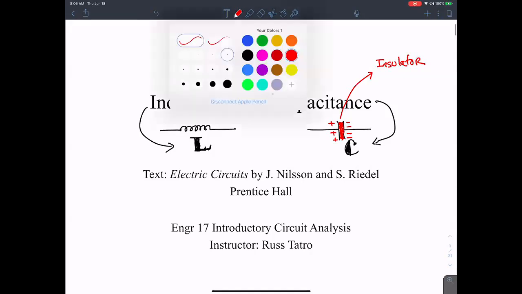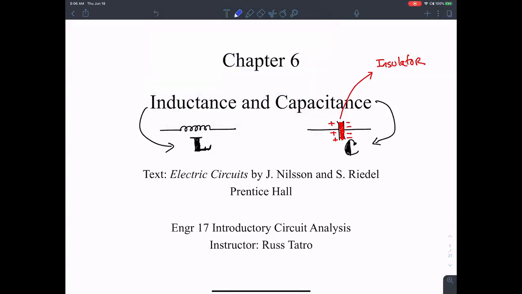Inductance, on the other hand, is the magnetic artifact of an electric current I flowing through a winding. So it's a magnetic artifact of electric current that is flowing through a winding.